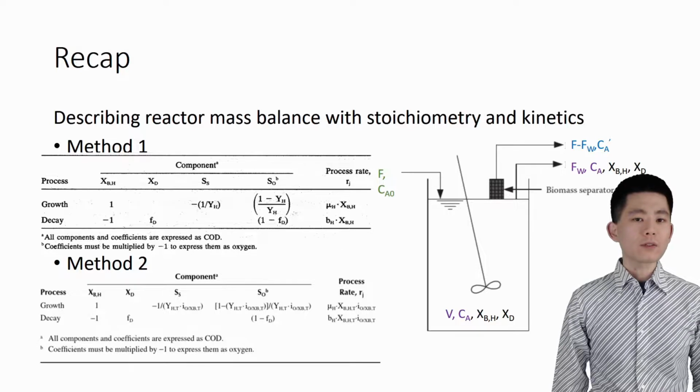With the matrix, we can find the reaction term Ra in the mass balance for each component. We then learned the conversion of TSS and VSS based stoichiometry and kinetics to COD based ones.